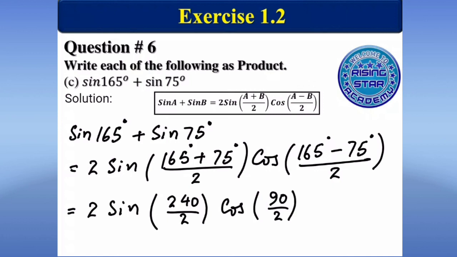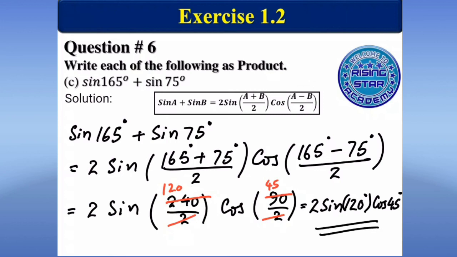In the next step, after simplifying, 240 divided by 2 becomes 120, and 90 divided by 2 becomes 45. Now I will write sine of 120 into cos of 45, and that is our final answer. Move to the next part now.